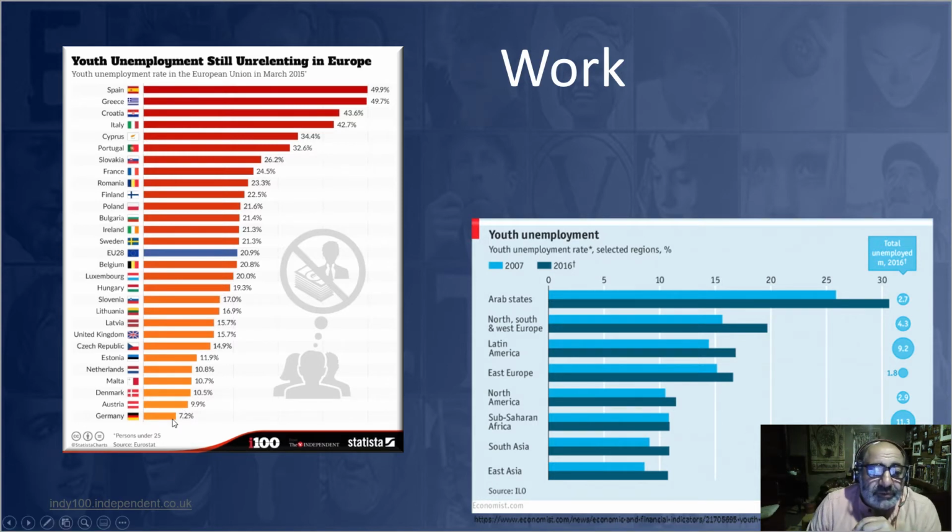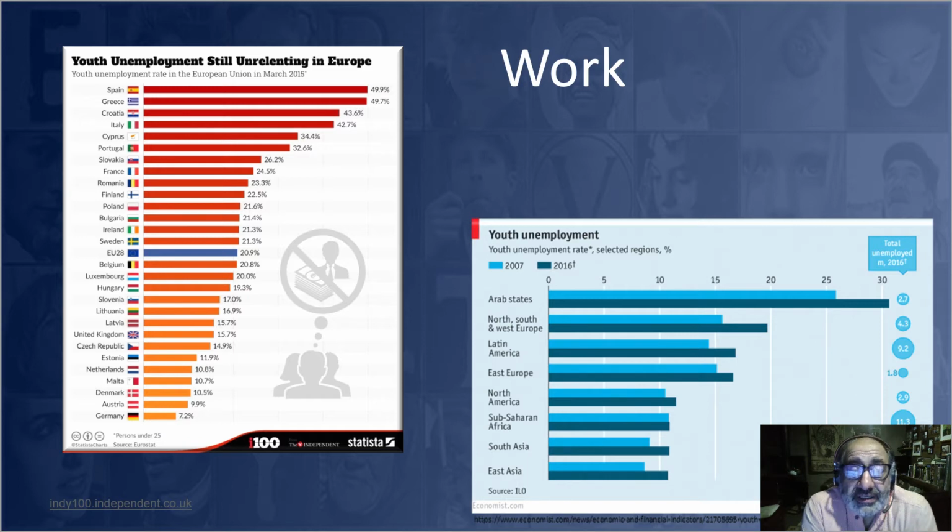Right at the other end, you've got the very efficient and productive economy of Germany, where there are jobs available for young people. But what it means for Spanish youth and Greek youth is they'll start to move to some of these other countries to get jobs. So obviously those dots that we saw before symbolised some of these people going to countries like Germany to get jobs.